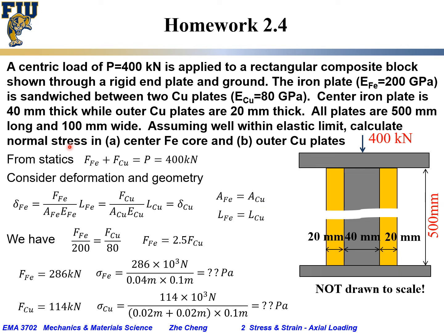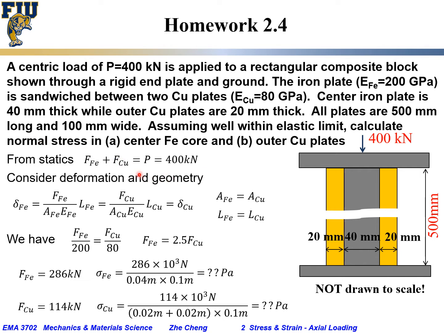From a statics point of view, let's assume the force can be separated into the force borne by the iron part, FFE, and the combined vertical force borne by the copper, FCU, CU for copper.